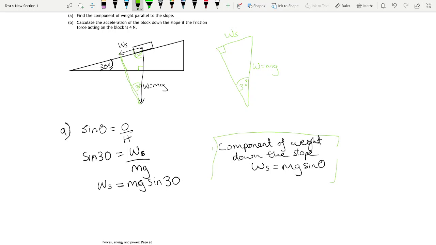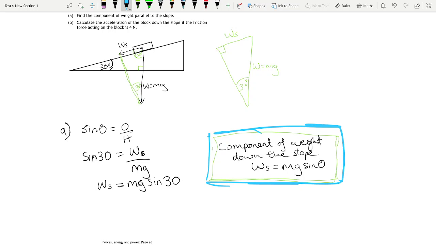So that's a really good way to cheat. You don't have to do the triangle every time. You can just say that the component of the weight down the slope, WS, is mg sine theta, where theta is the angle of the slope.